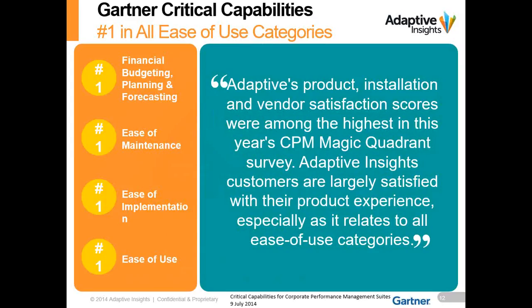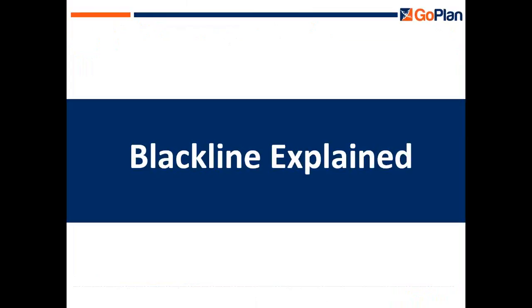We've seen countless customers who have tried to use either Excel or some sort of tier 1 solution, like the SAPs of the world, and it sounds great, put it on everybody's desktop, and nobody can figure out how to use it. So you end up with shelfware, and that defeats the entire purpose of a purchase. Adaptive has, and so does Blackline, the highest user adoption of any similar tool on the market by a significant portion. And there's a variety of reasons behind that, something I encourage you to consider when you're looking at systems.